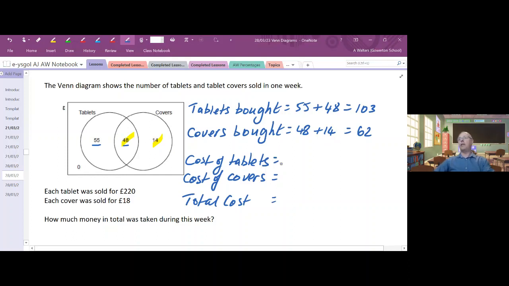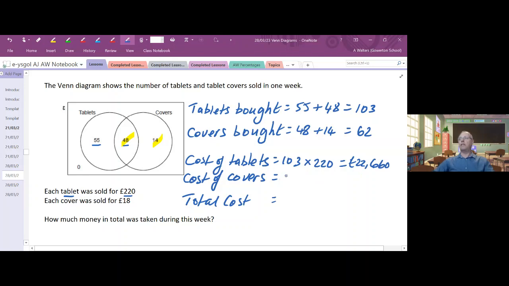The cost of the tablets is this 103 tablets, and I multiply it by, it tells me here, each tablet is sold for 220. So I'd multiply that by 220, and you would get your calculator out, and you end up with 22,660.